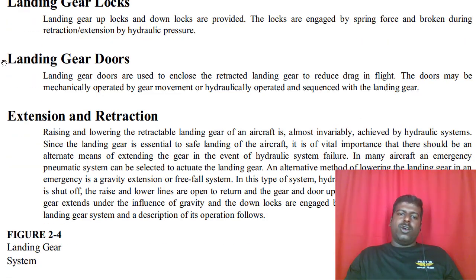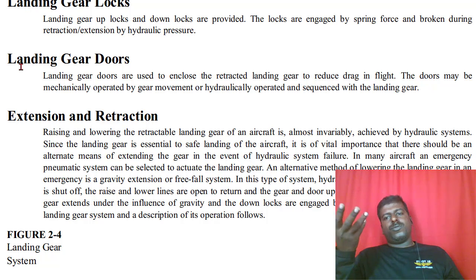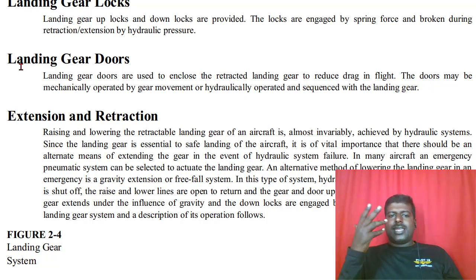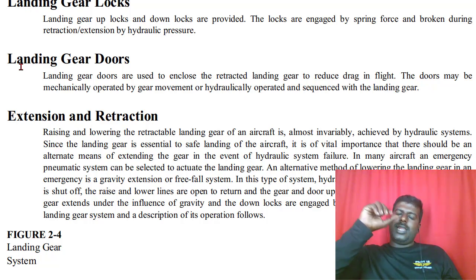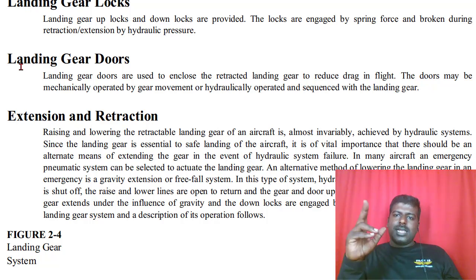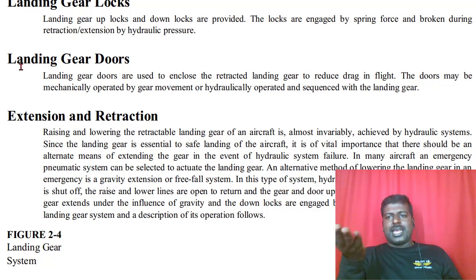And then comes the landing gear doors. While in flight, if the landing gear is simply put inside some portion, it can cause drag also, because even if it is kept in some pocket, or landing gear area pocket, it can still cause drag because air can be trapped inside that and air can move to and fro.